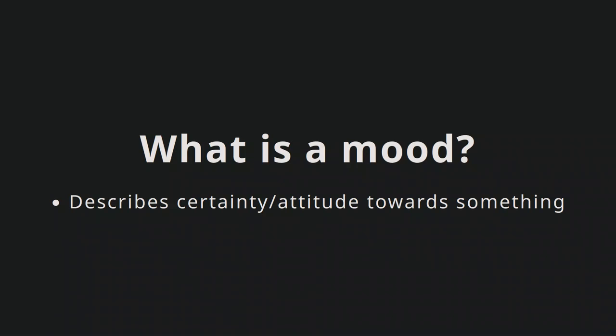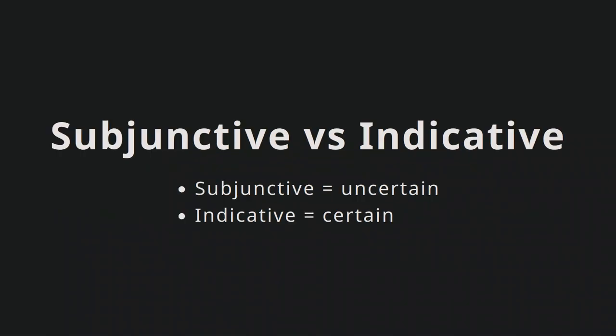In Spanish, there's two moods, the indicative and the subjunctive. In English, there's only one. So let's talk a bit about the subjunctive versus the indicative. The subjunctive describes things that are uncertain, and we're going to see the rules for how you use the subjunctive in Spanish in a second, whereas the indicative is describing things that are certain.